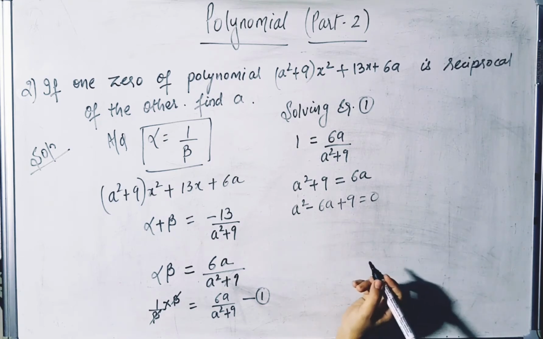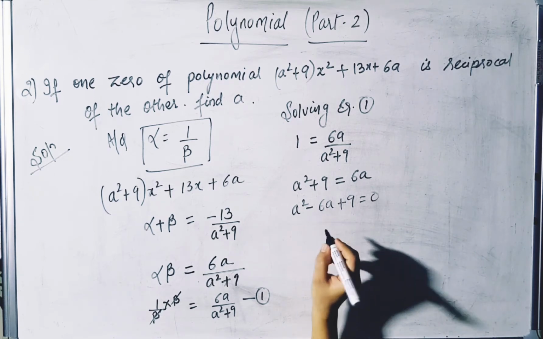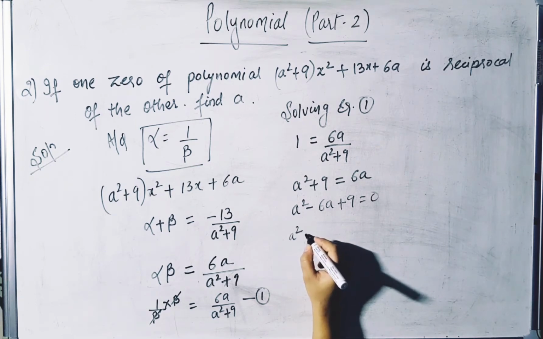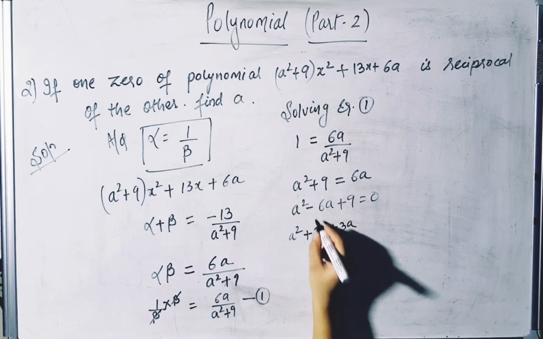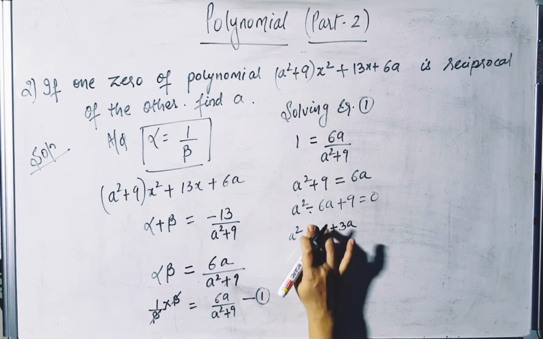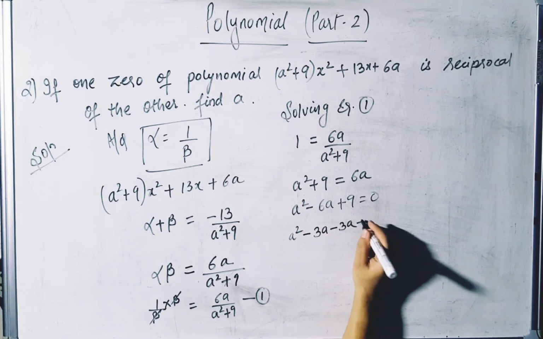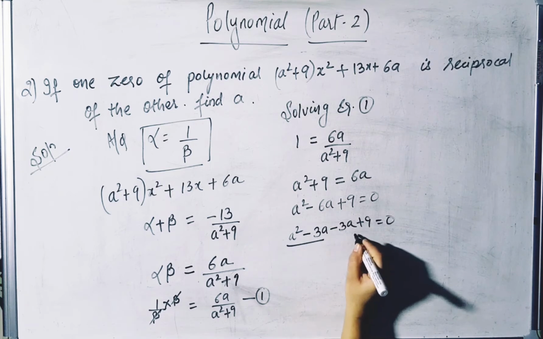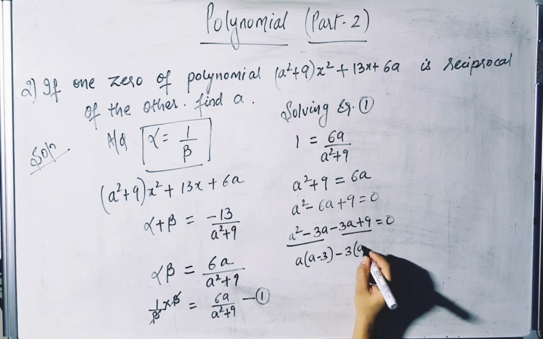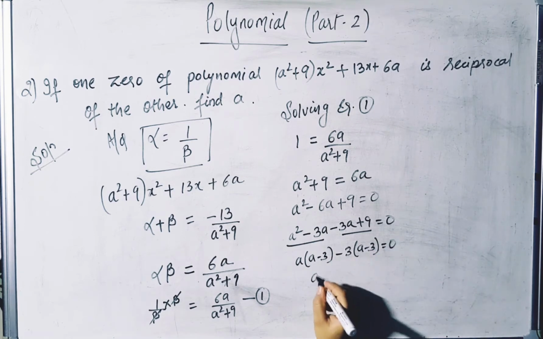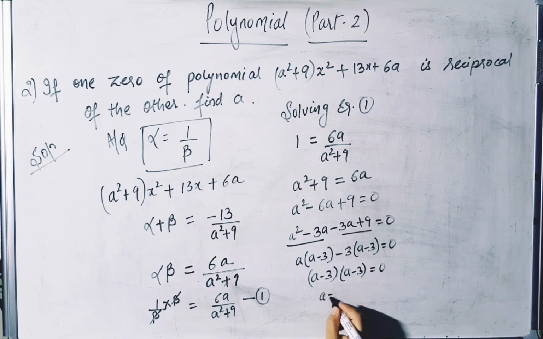We know 3 into 3 is 9, and minus 3 and minus 3 will give 6. Please pay attention to the sign. Sometimes we write 3a and 3a here, but because we need minus, therefore we'll write minus 3a and minus 3a plus 9 equals 0. Thus factorizing, we get a minus 3, and from here we take minus 3 common, so a minus 3. Thus we have got (a minus 3) squared equals 0, so a will be 3.